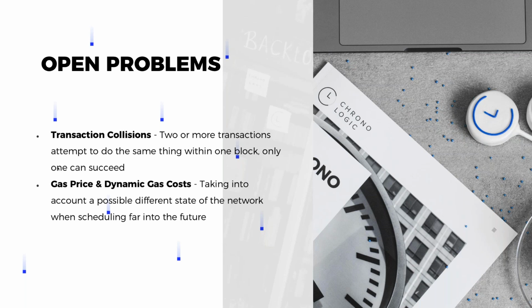Next is the gas price and dynamic gas costs. As we've seen from the Ethereum network, within the period of 2 hours the gas price could fluctuate between probably 2 Gwei and 10 Gwei. As of an hour ago, the average gas price was around 10 Gwei, and I'm pretty sure that by now this could have changed. Why does this affect us?